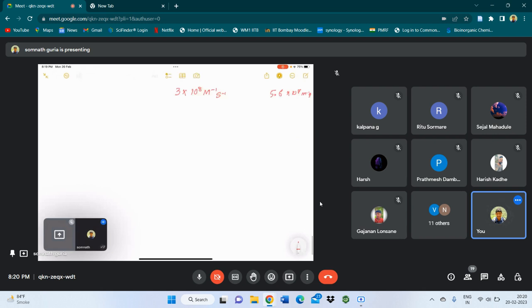So this is the copper, and zinc. They treated with EDTA, which takes away all the metal.